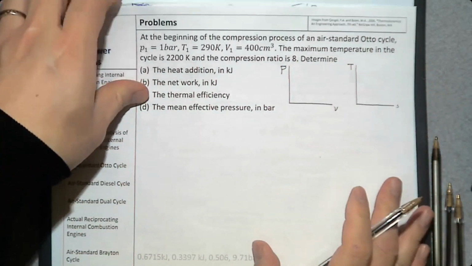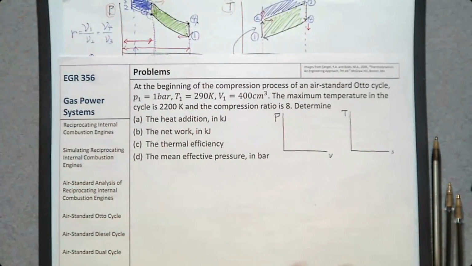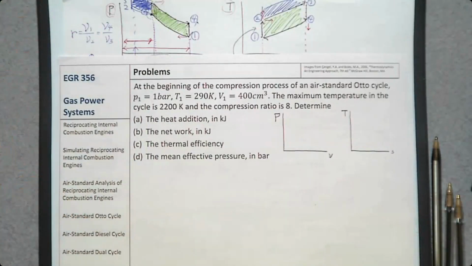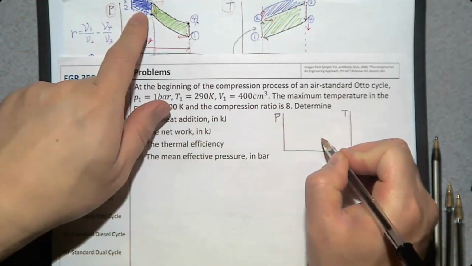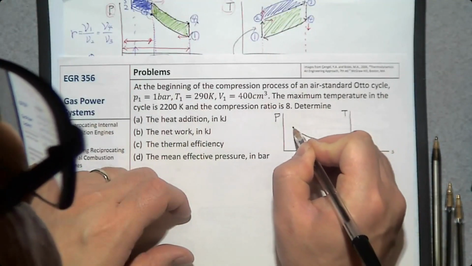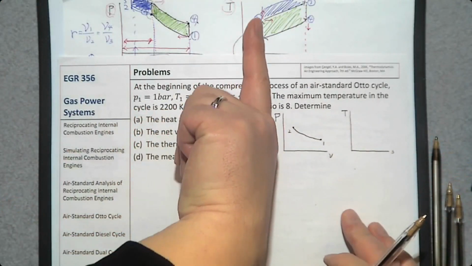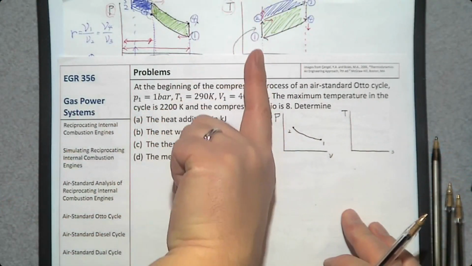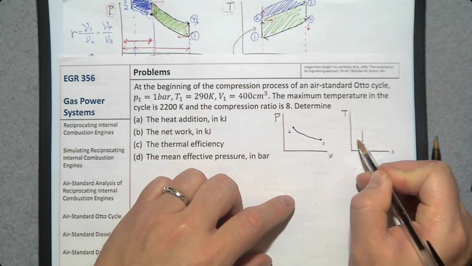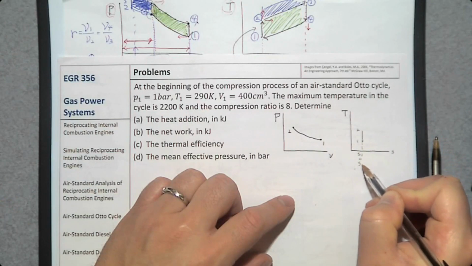And as we saw here, the first process, 1 to 2, is an isentropic compression. On this TS diagram, we have a vertical line because entropy S should remain constant. So 1 to 2, in this case, S1 is the same as S2.